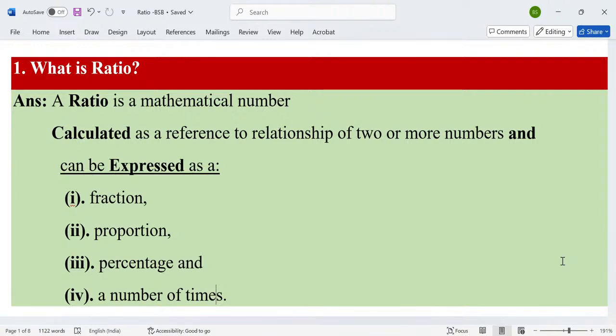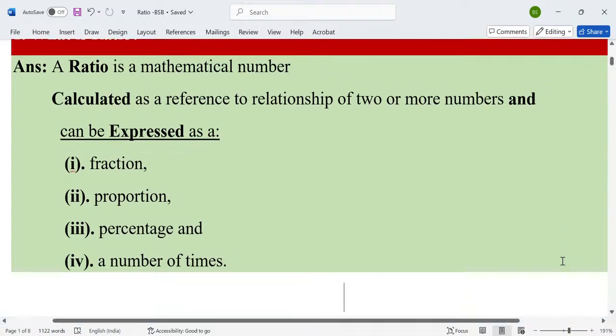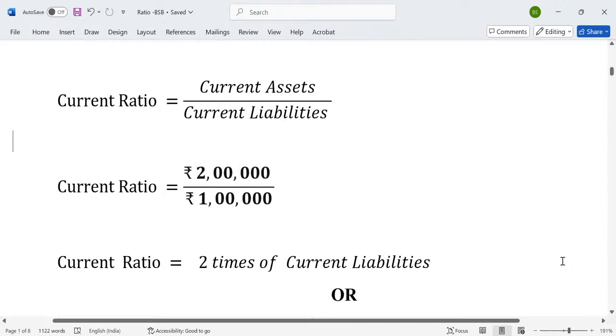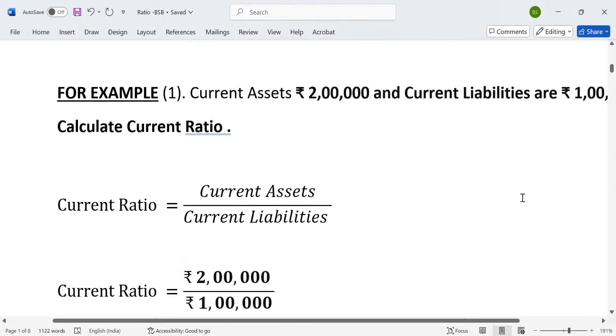Now you come to know the example. Let us start with an example.